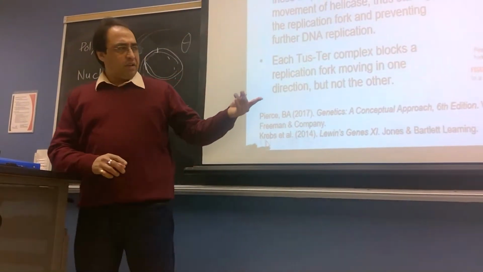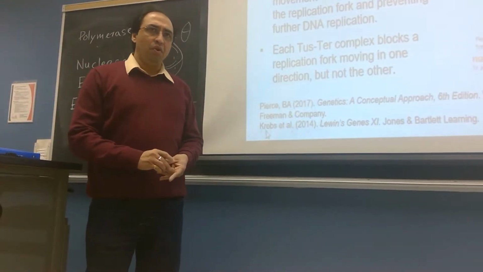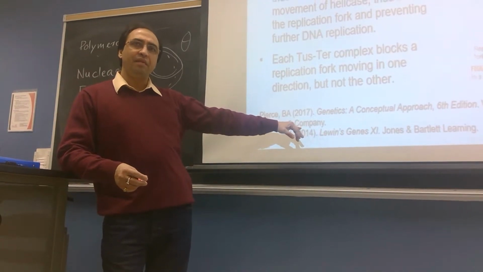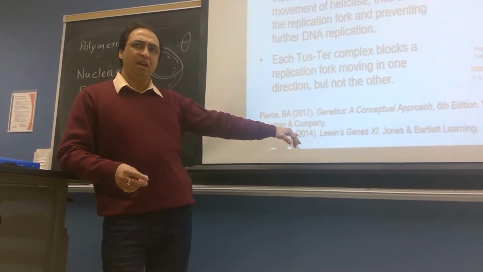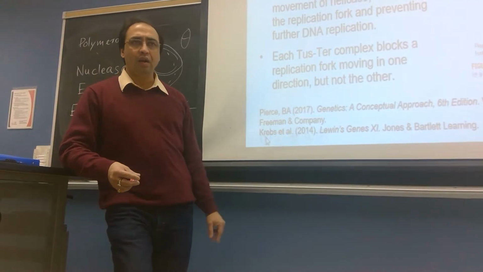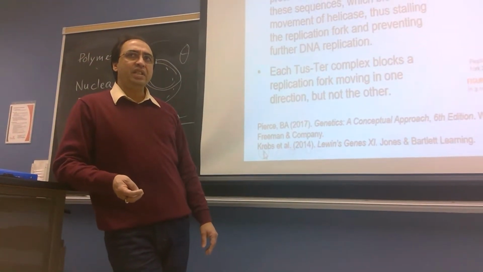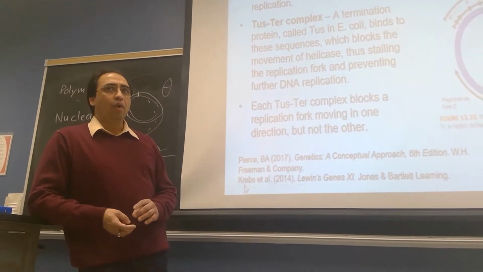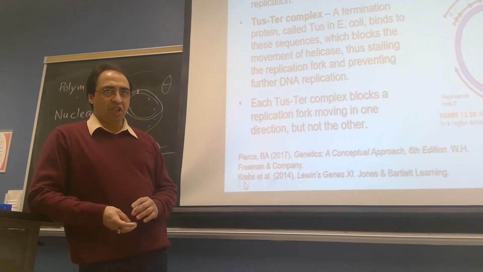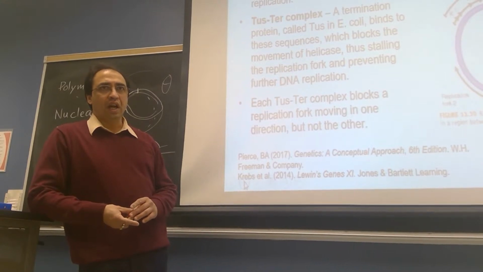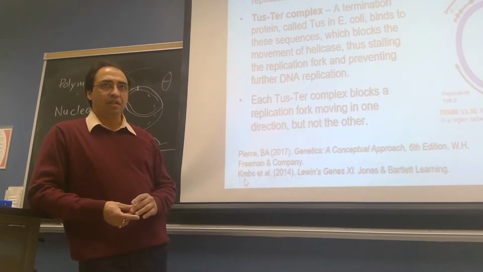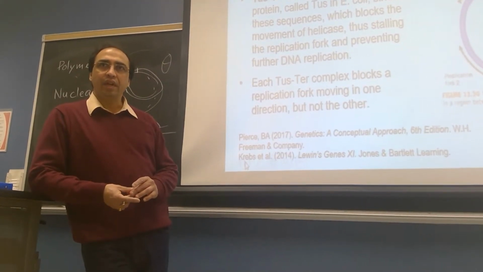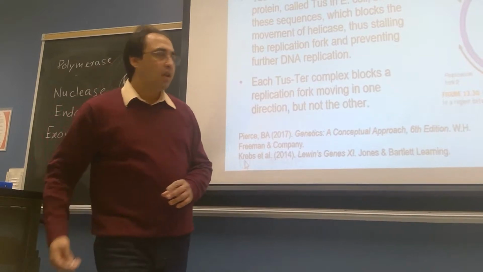You can find a little bit about this in your book, but this is mainly from Benjamin Lewin's Genes. Probably Lewin is not alive right now, so Krebs are doing these things. It is a very good book for this, along with Watson's Molecular Biology of the Gene. These two books are really very good for DNA replication. Another book is Cooper's Genetics. These three books are really good.